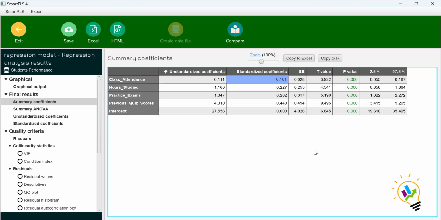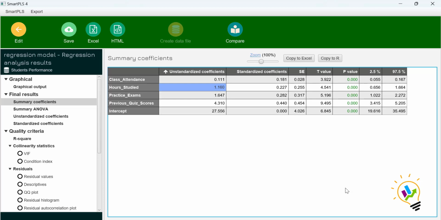Now we will see the next one, that is hours studied. The unstandardized coefficient for hours studied is 1.160, which means that a 1 unit increase in hours studied is associated with a 1.16 unit increase in the final exam score.